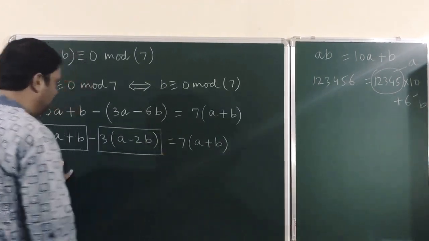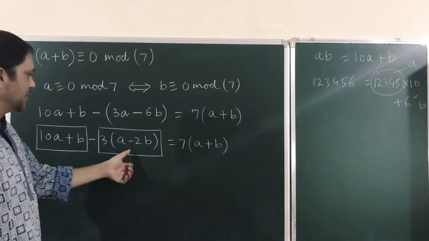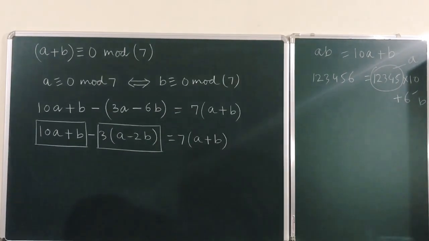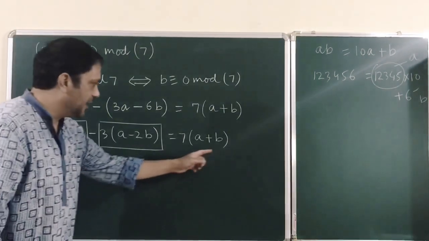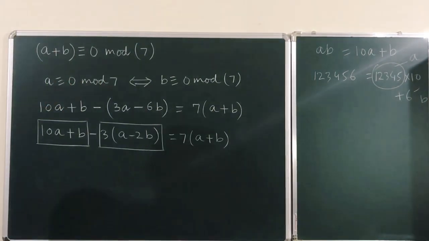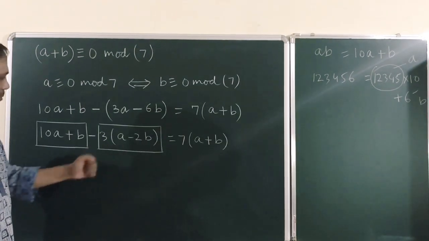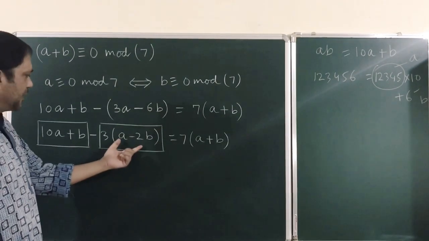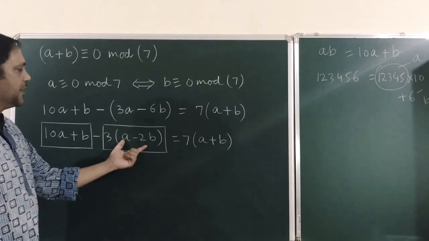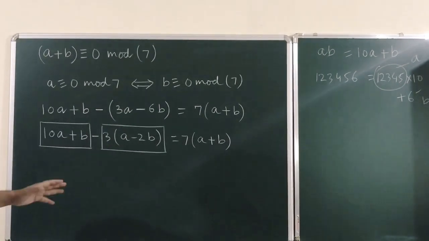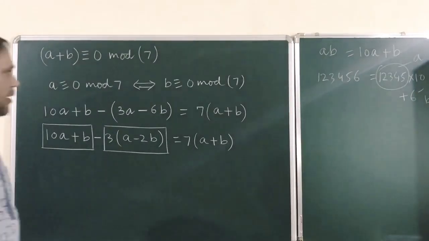Or I can tell you, if I confirm this number is divisible by 7, then 10A plus B is automatically divisible by 7 because it is a multiple of 7. You can see that 7 and 3 are co-prime numbers. So if I confirm the divisibility of A minus 2B, then I can confirm the divisibility of the number 10A plus B.